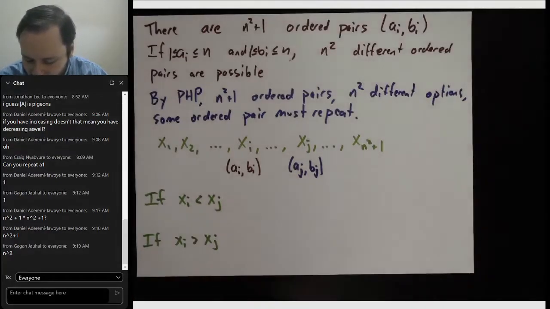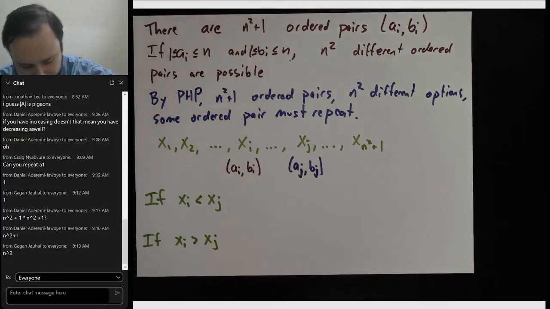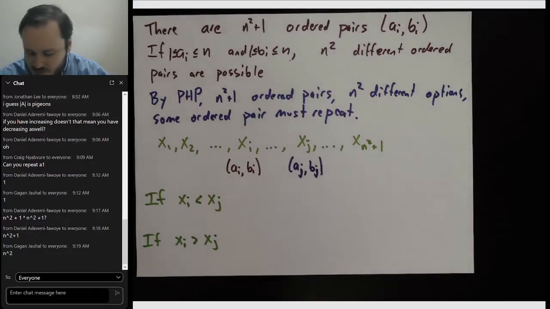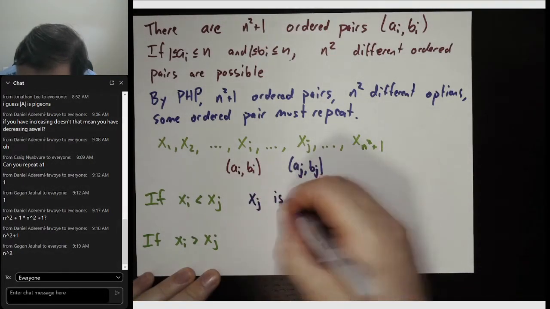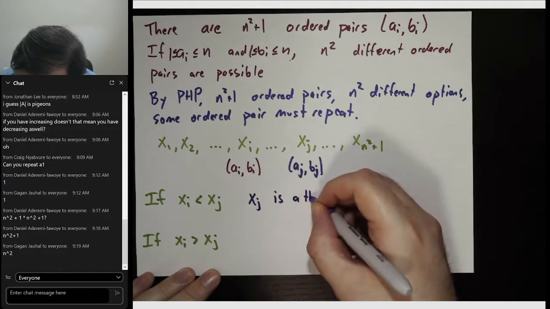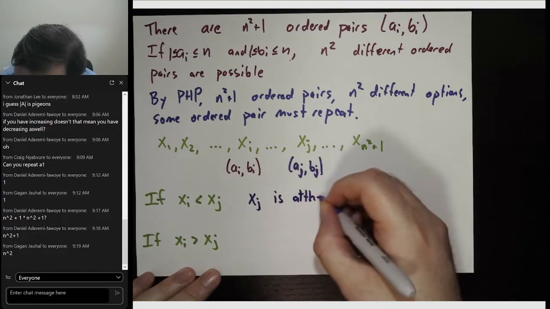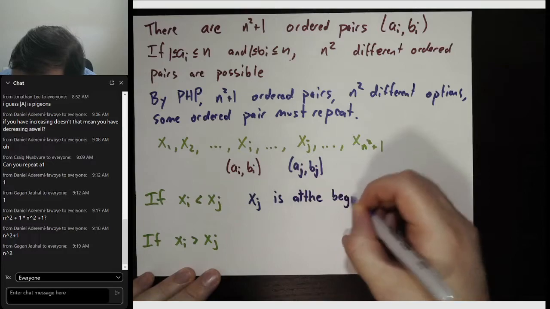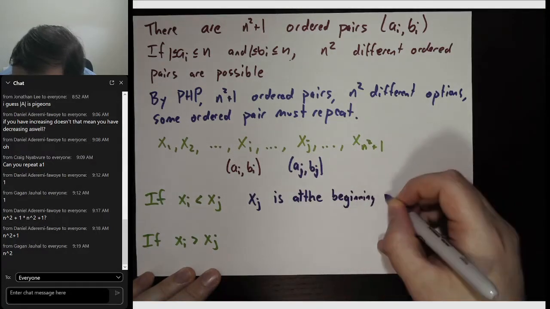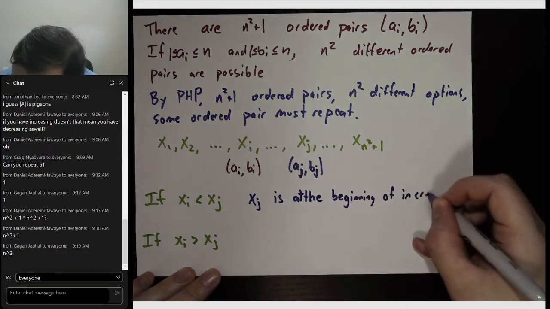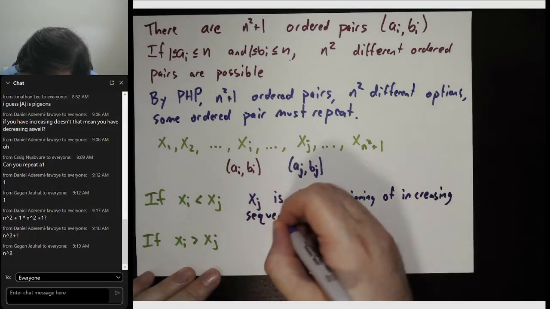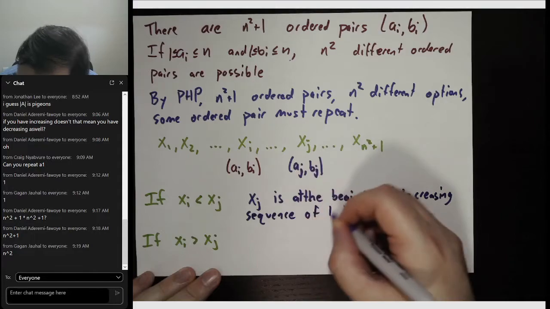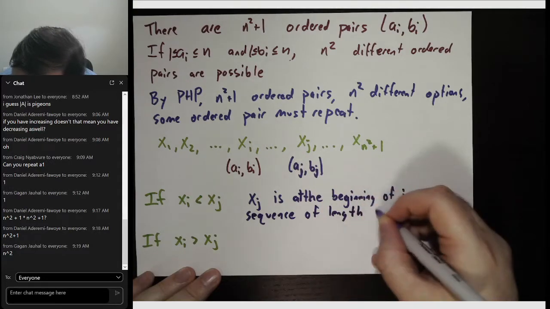So if x sub i is smaller than x sub j, that means x sub j is at the beginning of an increasing sequence of length a sub j.